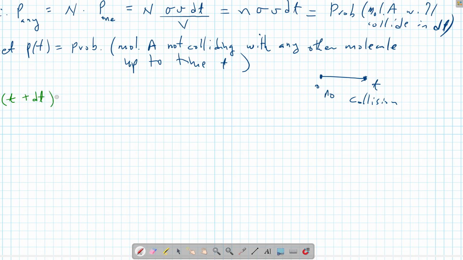plus dt. So the time interval we're now considering is t plus dt, right?